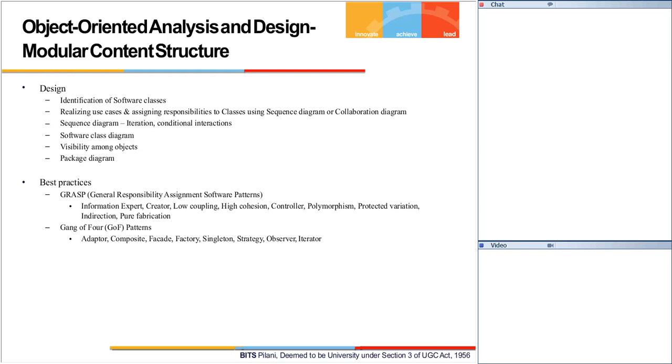And then the rest of the pending lectures will focus on the design patterns. There are two sets of design patterns that we'll be looking at. The first set is the GRASP patterns. So there will be around 9 GRASP patterns that we'll see, and the Gang of 4 patterns.